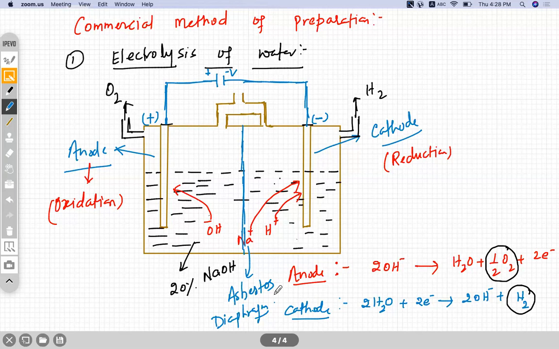Initially. When electrolysis starts, then it may or may not be. It depends upon how many H plus and OH minus will get reduced and oxidized respectively. Based on that, we can say.